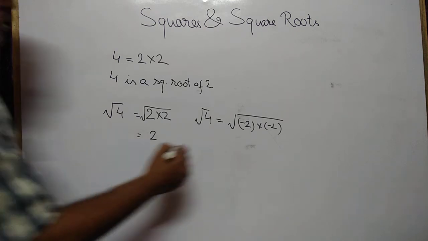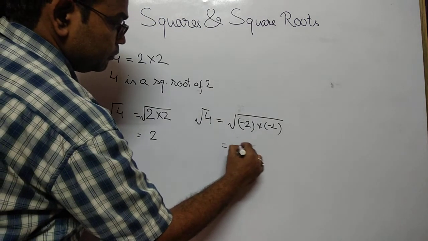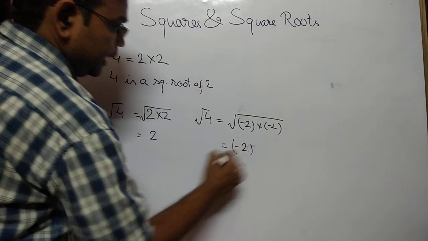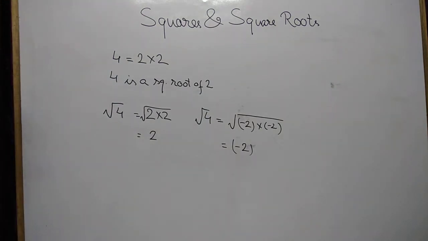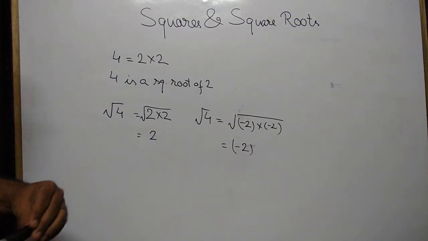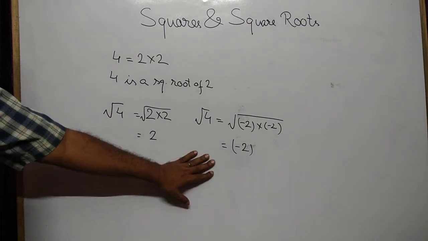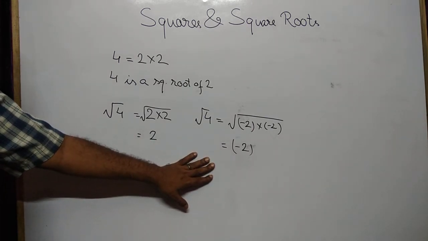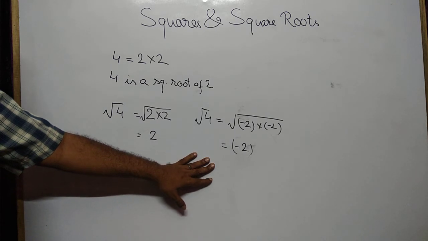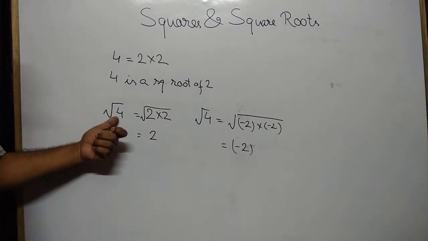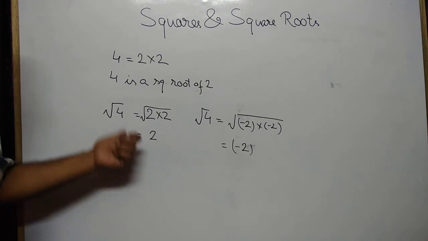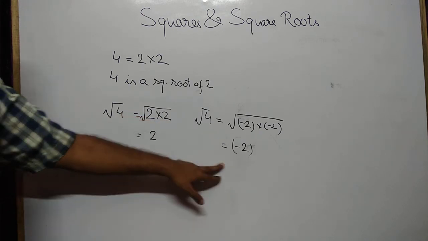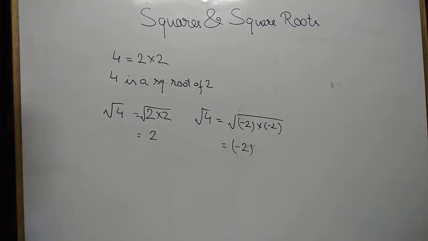So we can write -2 as a square root of 4. Both are correct. It depends upon the question what you are obtaining. Generally the square root of 4 is taken as 2, but the square root of 4 is also -2. So hope this one is clear to you.